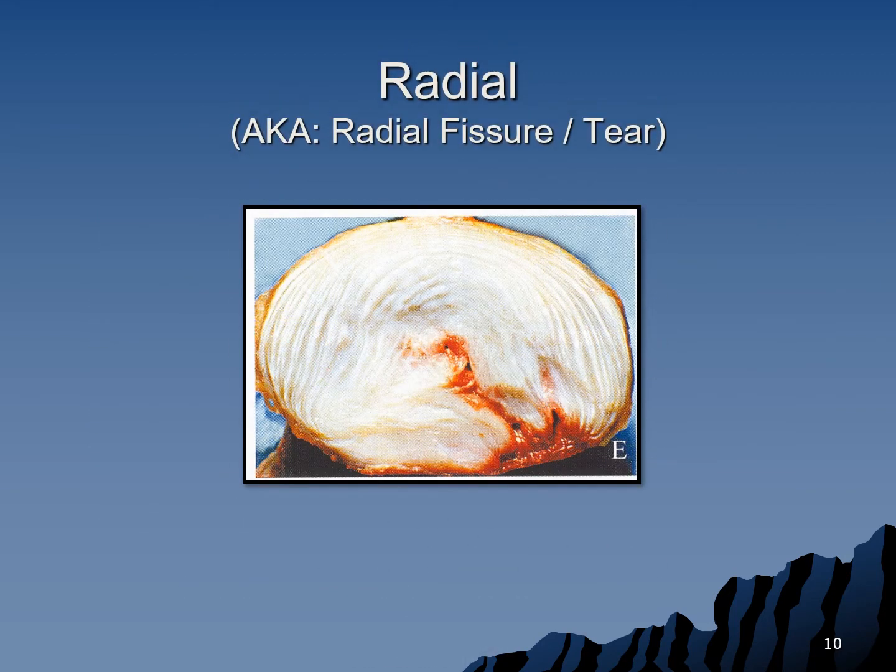It's a nice picture, an in vitro example of a radial fissure or radial tear. And you can see that it is complete, right? It just goes all the way through, and it does show some leaked nuclear material as well.